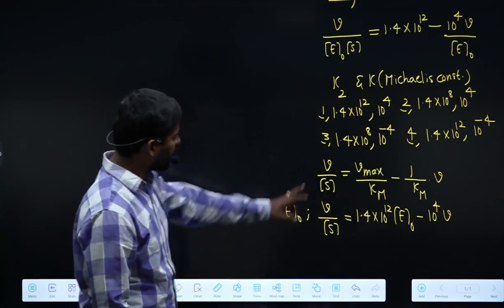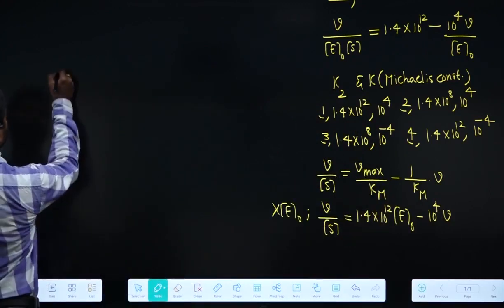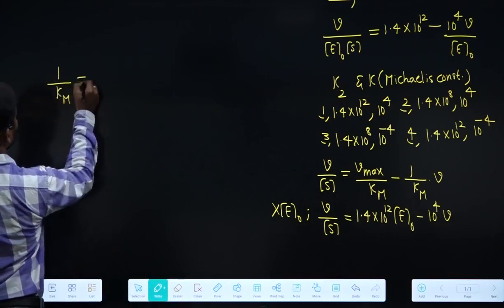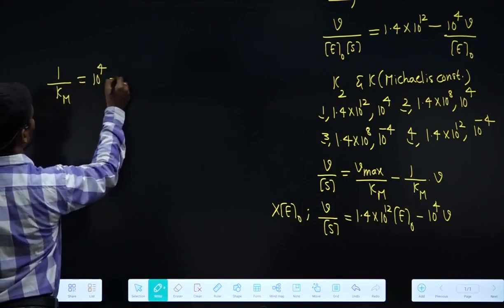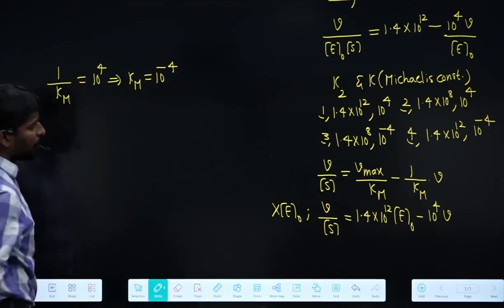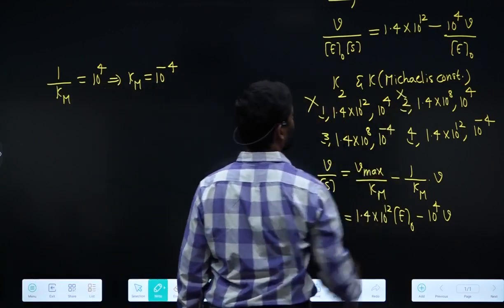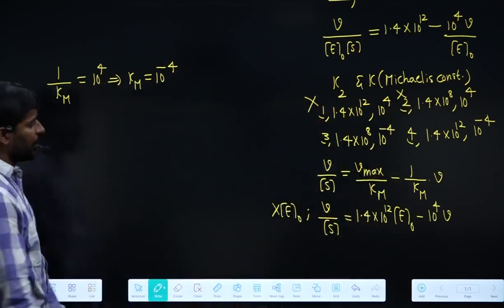Now if you compare these two equations, in the place of 1 by Km, what do we have? 10 power 4. That means the Km value is 10 power minus 4. So 1 and 2 are not correct.